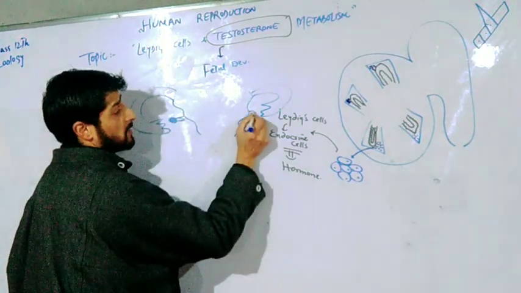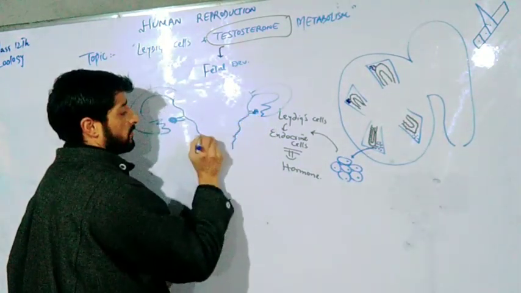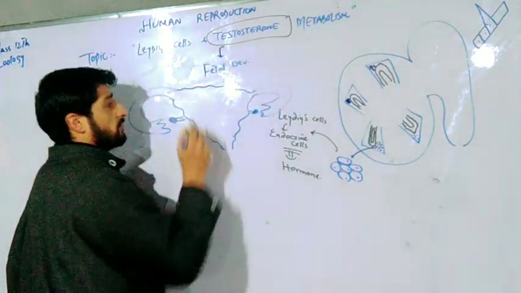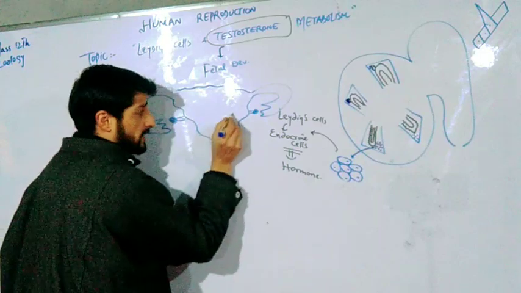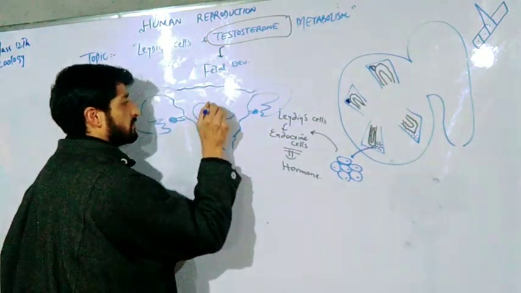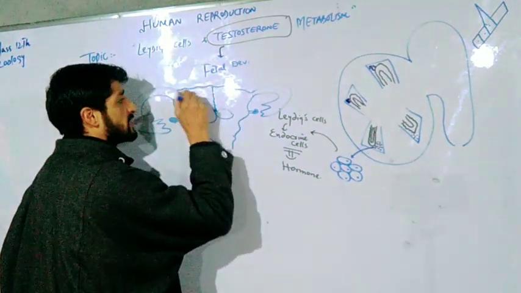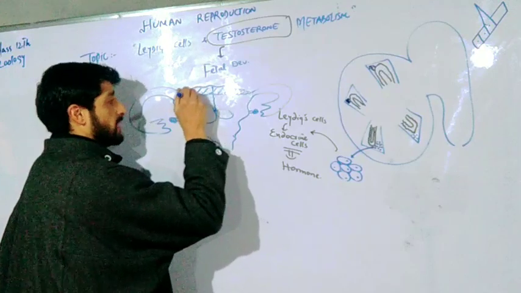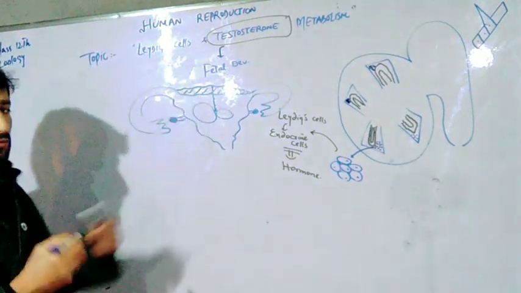We have to discuss the female reproductive system in detail, but right now the matter of concern is that here it is a fetus. This fetus has a special connection with the maternal blood by a special structure. That special structure is called the placenta.